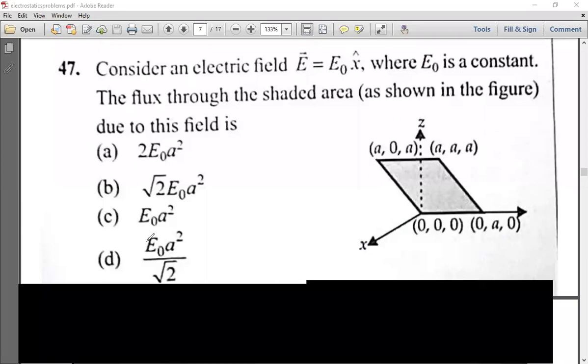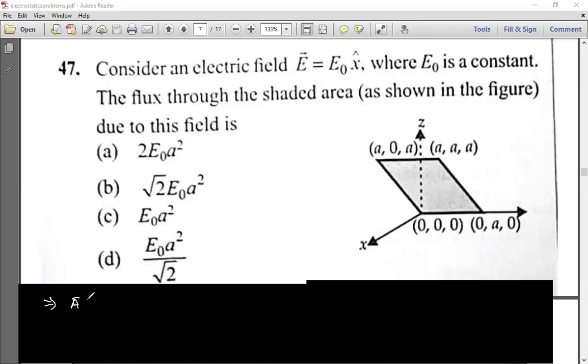Now, what I am doing, first of all, you see this shaded area, because this is in the x and y plane. So can I write like this?